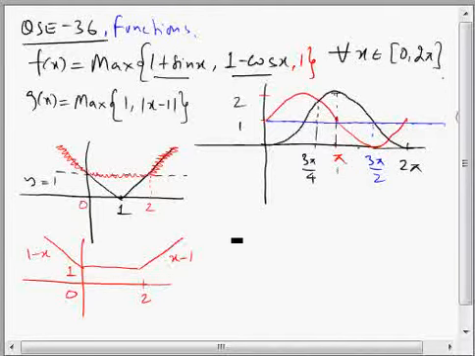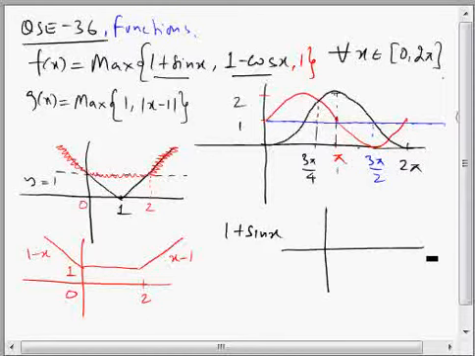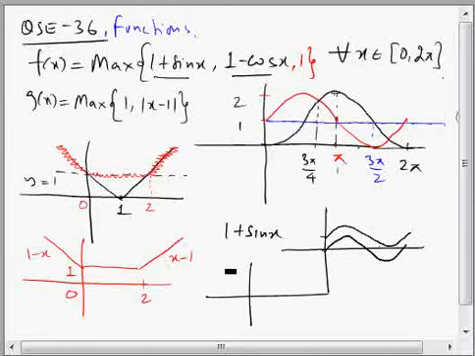Now let's see how to draw 1 plus sin x. You know sin x graph. This is sin x graph. 1 plus sin x means we have to shift this 1 unit up, like this. 1 minus cos x, you know cos x is this, minus cos x means we have to invert this in x-axis.